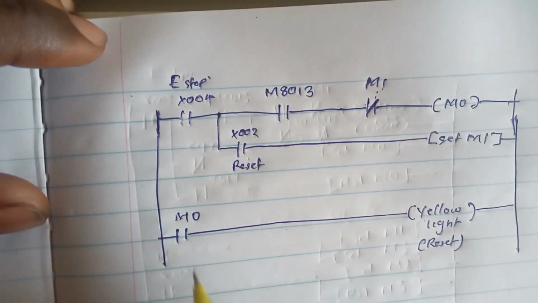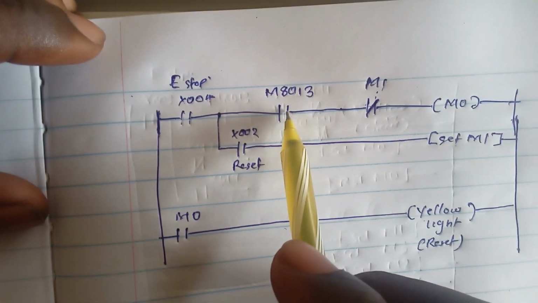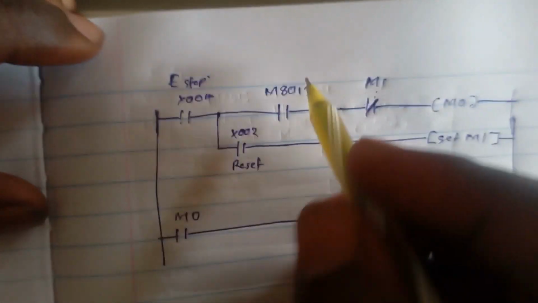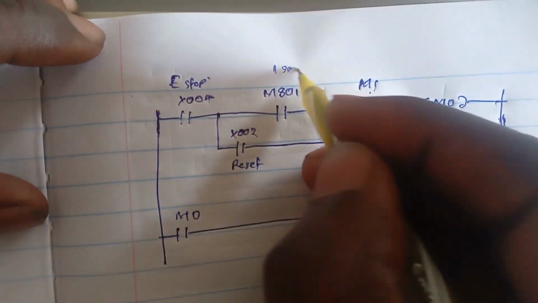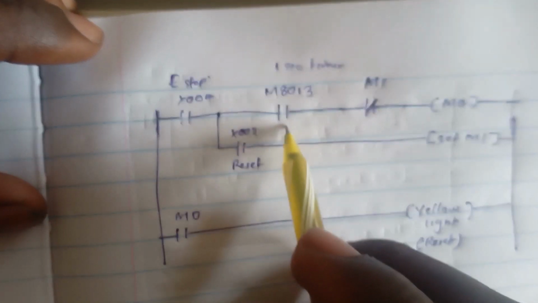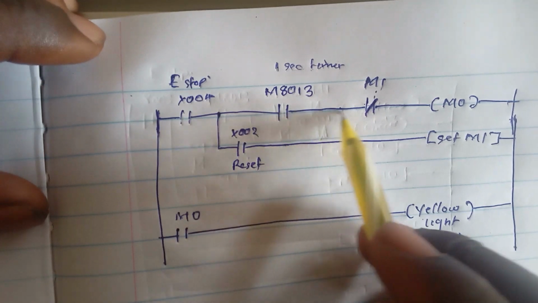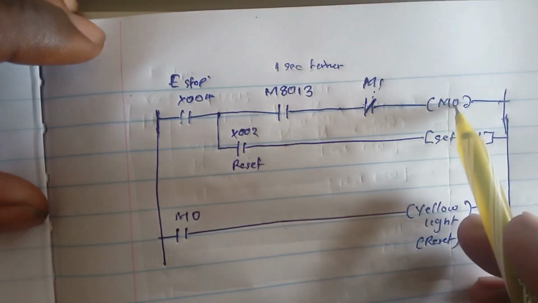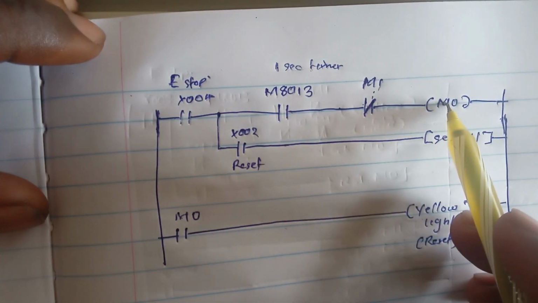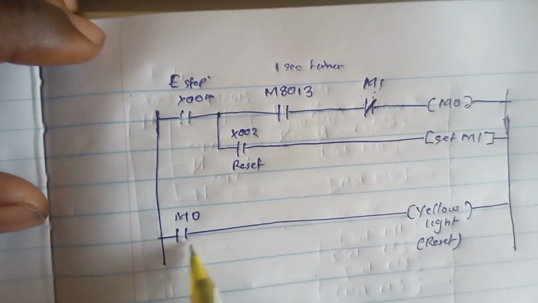So what will happen here is that once the e-stop is pressed, the M800 is a 1 second timer, which will allow blinking for 1 second, and this condition will be on to power on or to change the condition of M0 to be true.